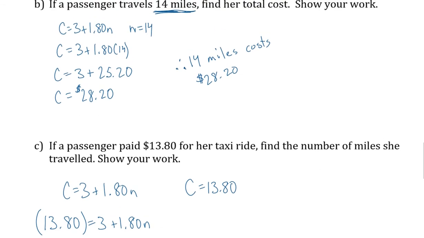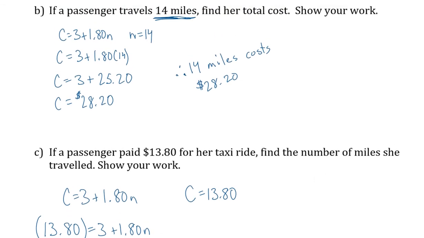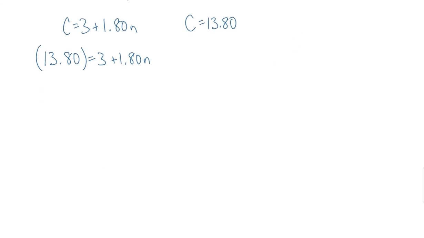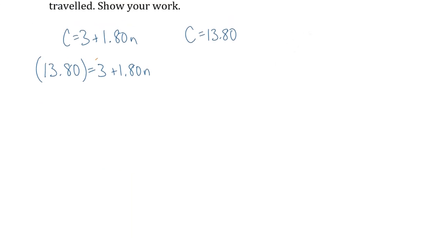In this question, as I said before, in question B, we were using BEDMAS to solve, but in this question, we have to solve it as an equation. So what am I going to do first? I'm going to subtract 3 from both sides, and I get 10.80. Then I'm going to divide by 1.80 on both sides.